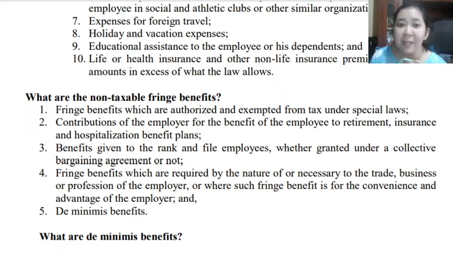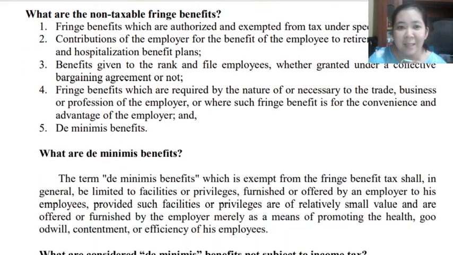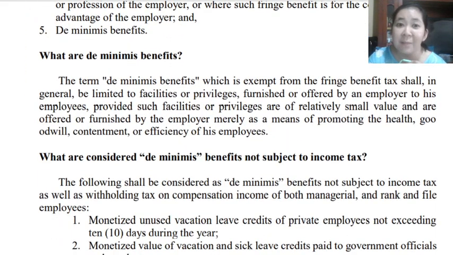Okay, and of course, number 5 is de minimis benefits. So de minimis benefits are non-taxable fringe benefits. So what are de minimis benefits? So this is exempted from fringe benefits tax. So in general, this may be limited to facilities or privileges furnished or offered by an employer to his employees, provided such facilities or privileges are of relatively small value.